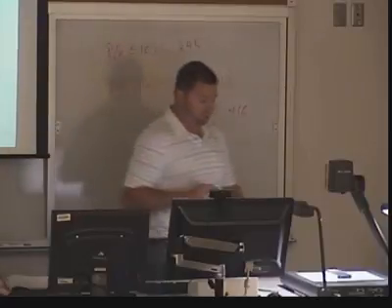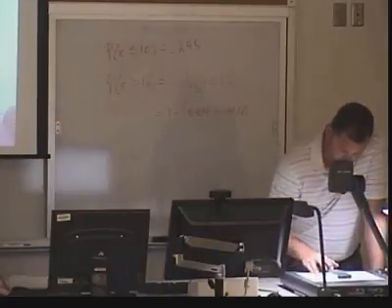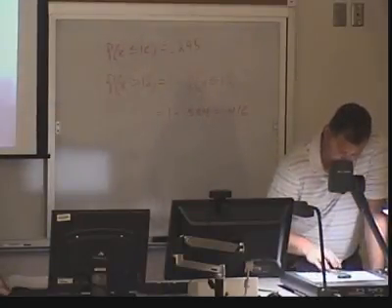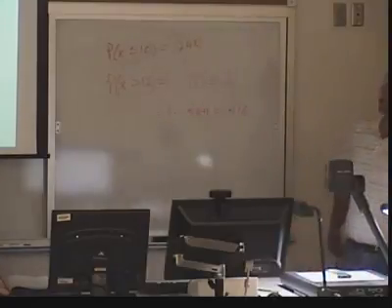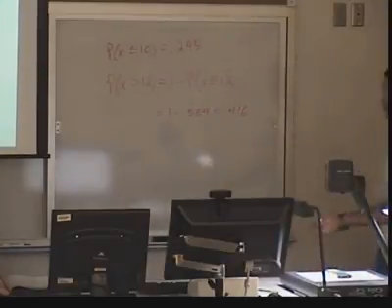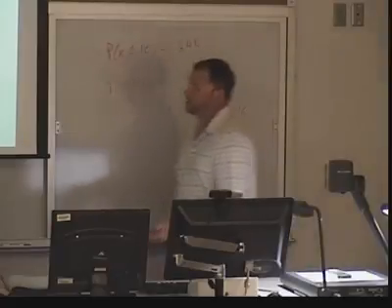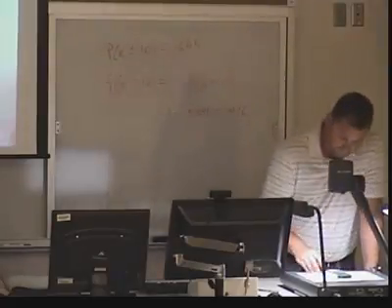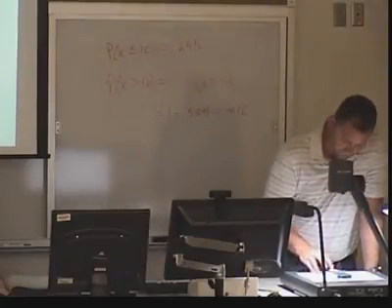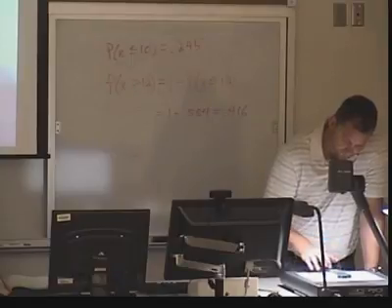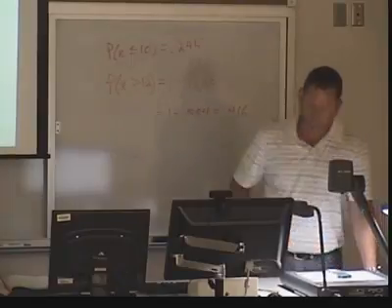So now I need to multiply that number times 0.6 to the 11th. So my probability of success to the number of successes, times my probability of failure to the number of failures. Everybody following there?